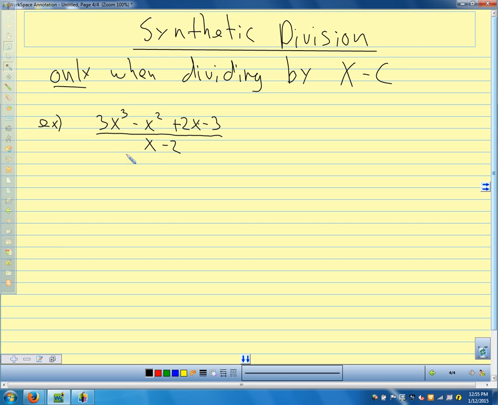What we do for synthetic division is write only the coefficients. So I'm going to write a 3, a negative 1, a 2, and a negative 3. I write my division thing kind of upside down. And I'm dividing by x minus 2, so I put that 2 out here.